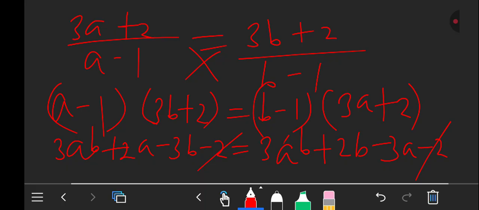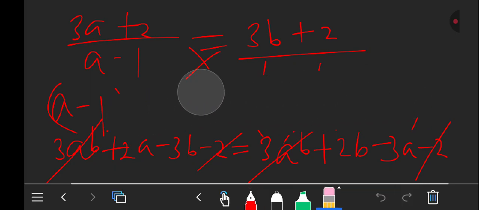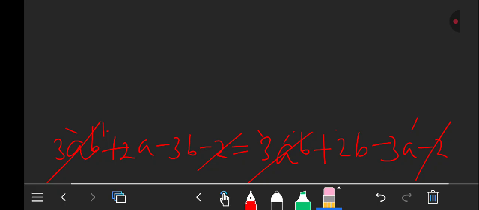And also, we can cancel out which other value here? 3ab, and also this 3ab, because they are on opposite sides of the equation. So when this goes to this side, it will be minus, and it's going to cancel with 3ab to just give 0. So we can cancel out that, so that we simplify the equation. Okay, so what we are going to remain with is 2a minus 3b is equal to, here on this side, 2b minus 3a.